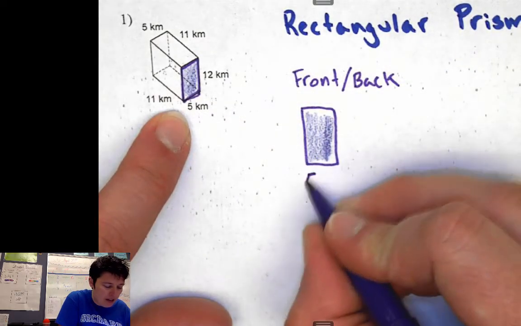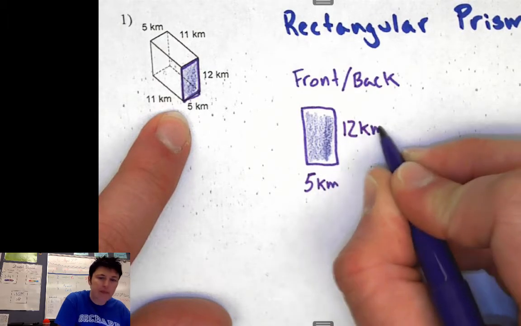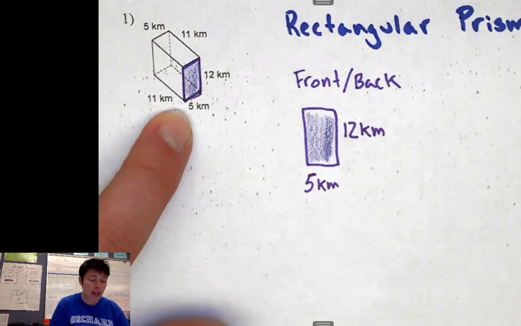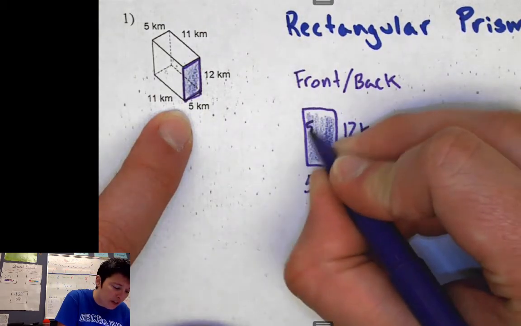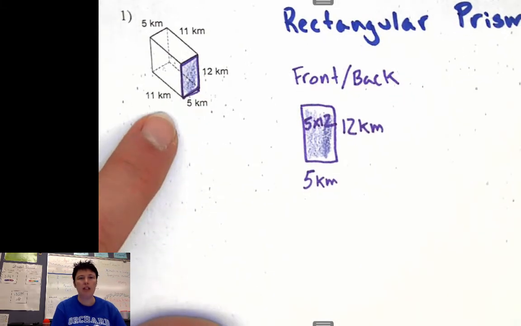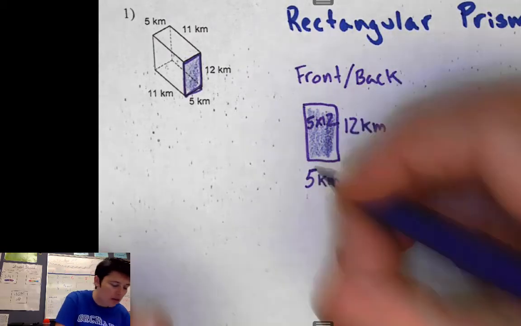So it's a 5 kilometer by 12 kilometer area, or dimensions, excuse me. To find the area, we're going to actually have to multiply 5 times 12 to figure that out. So we'll have to do a little bit of multiplication here. So 5 times 12, it doesn't bother me if you need to use a calculator, but you should know it's 60. So 60.